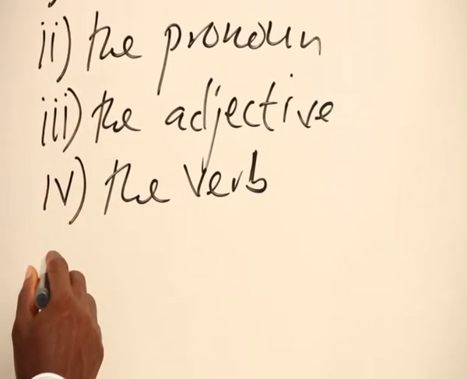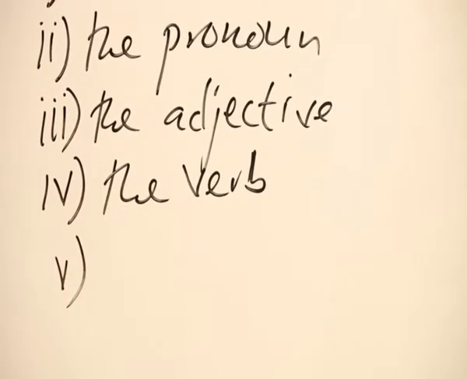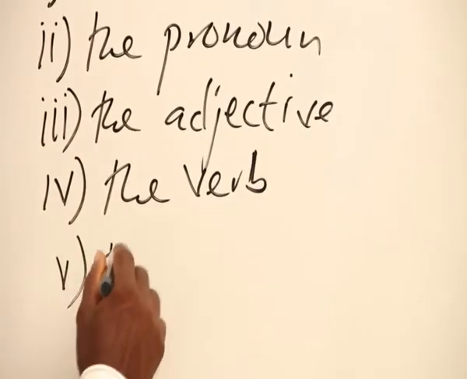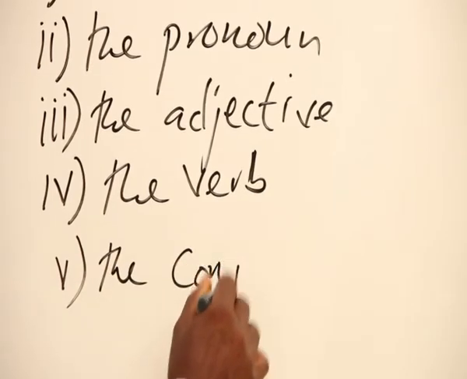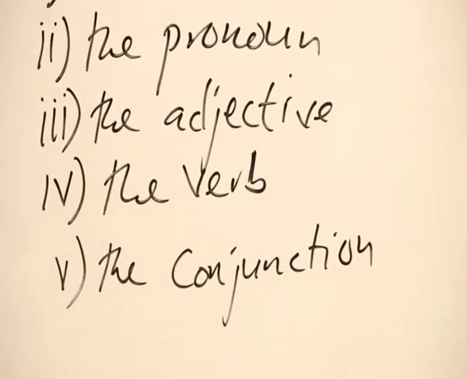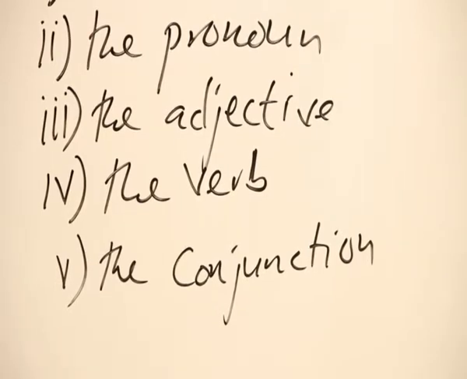Now, we move on to another type of word. We've talked about the noun, the pronoun, the adjective, the verb. Then we can talk about the conjunction. That is also a type of word or a part of speech. Now, what is a conjunction?